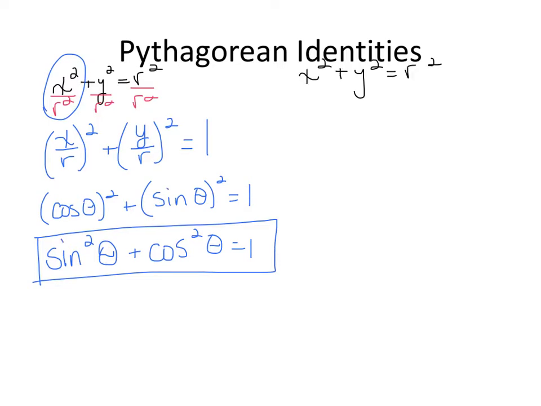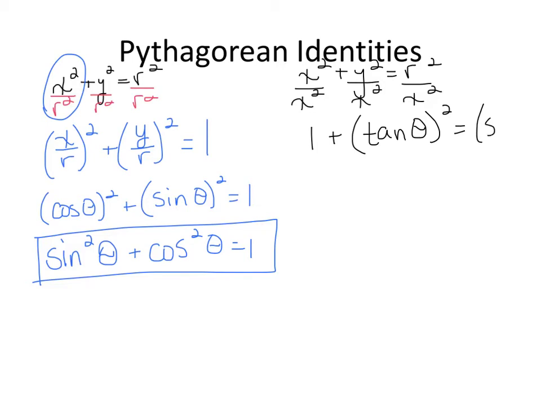Now if I start with that Pythagorean theorem, but this time I divide everything by x squared, I get 1 plus y over x is tangent and r over x is secant.